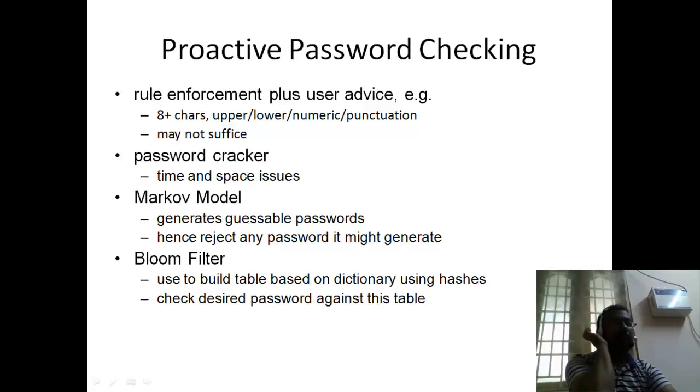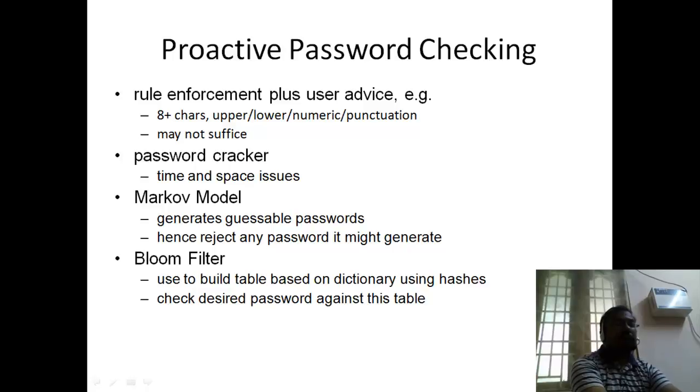And it may not be sufficient also, right? Even the hackers have a chance of hacking even if you use all these combinations. You can use a password cracker, and this might have some time and space issues. You can also go for a Markov model, which generates some guessable passwords. Hence, we have to reject any password it might generate.